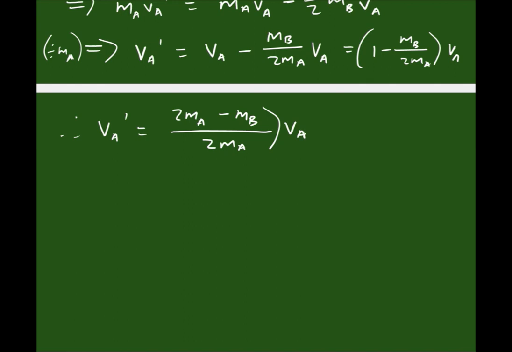Now I think we should label this equation. Let's call it equation star. So we're going to need to use this equation in another way. So now let's look at conservation of energy, or let's look at the kinetic energy. Let's say energy conservation.